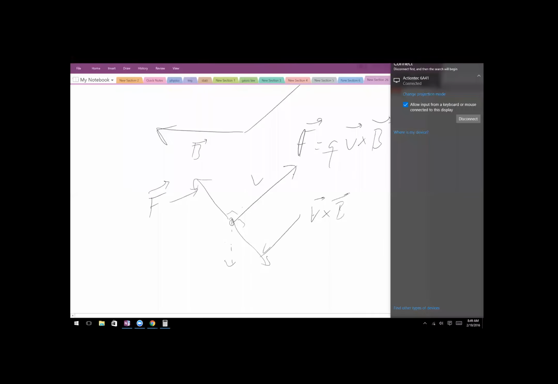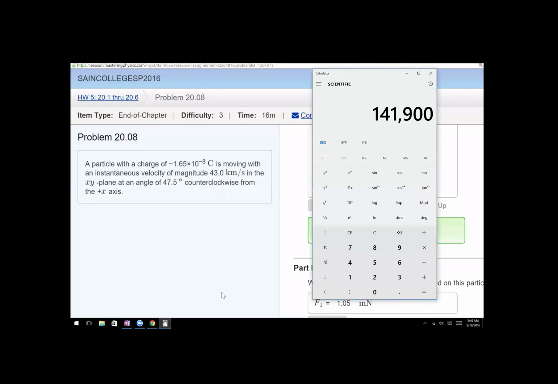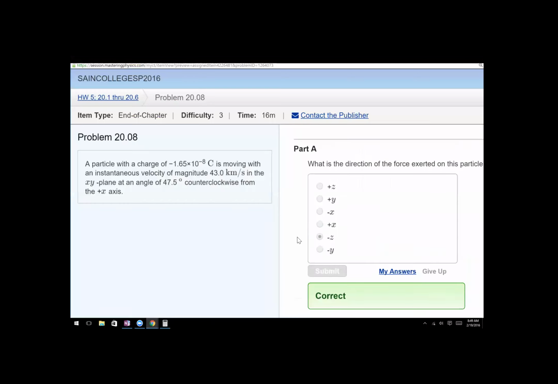So that'll pull that out, but there's not really anything left to do because we already had that for Q times V. Sine of theta is 1, so that, and then there was a 10 to the minus 8 I hadn't worried about, so this is 10 to the 5th, so 1.42 times 10 to the minus 3.